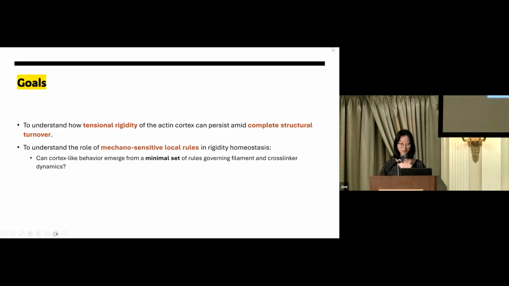And more precisely, we want to understand the role of mechanosensitive local rules in rigidity homeostasis. And we want to use a computational approach to study how rigidity homeostasis arises from a minimal set of mechanosensitive local rules. And lastly, once we have built such models, we want to study the topological and geometrical properties of such models because we are mathematicians.